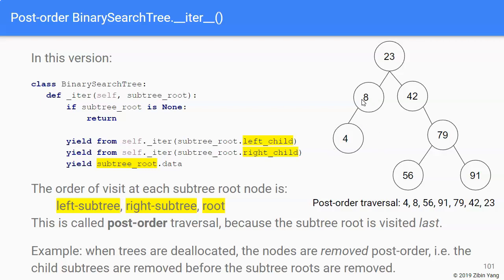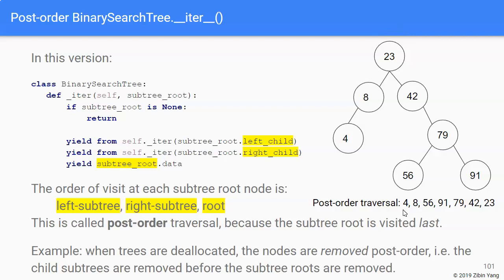So once we get to the bottom, we can throw away 4, and then now we can throw away 8, but we cannot throw away 23 yet because we still have to get to the right subtree. So we have to start at the bottom of the right subtree. So 56, 91, and so on and so forth, until both subtrees are gone, and now we can finally get rid of 23.